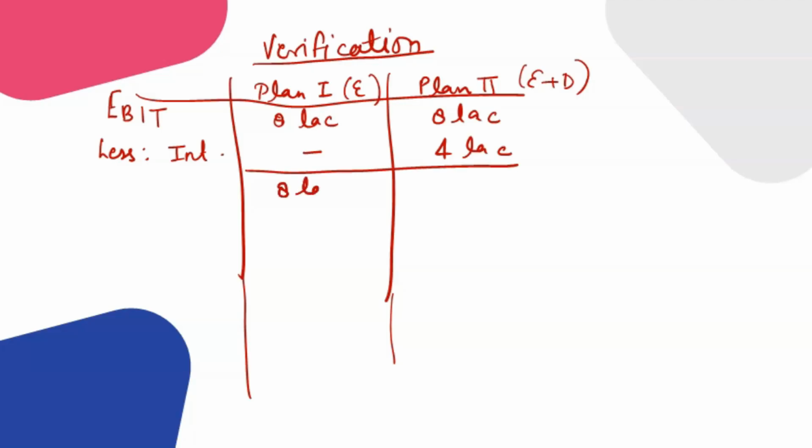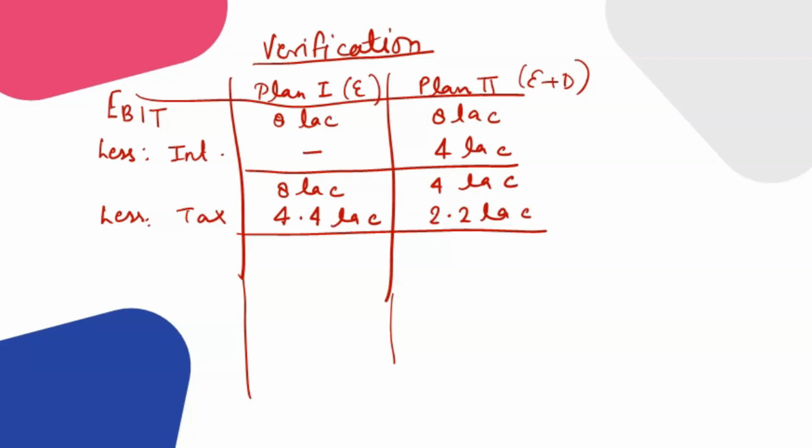So 8 lakh is left and here 4 lakh is left. Now tax, we have to deduct tax at 55%. 55% of 8 lakh is 4.4 lakh and 55% of 4 lakh is 2.2 lakh. When we deduct this, so this is EBT, and this we will get EAT, earnings after tax. So here we will get 3.6 lakh and here 1.8 lakh in the second plan.